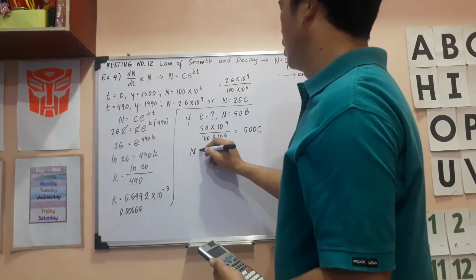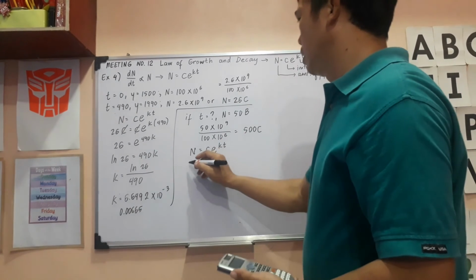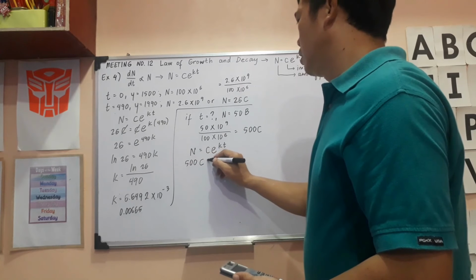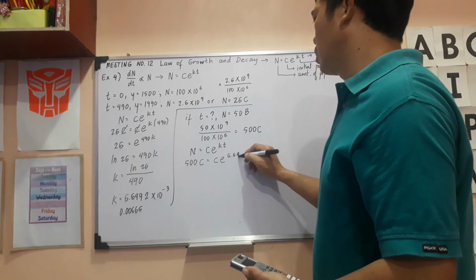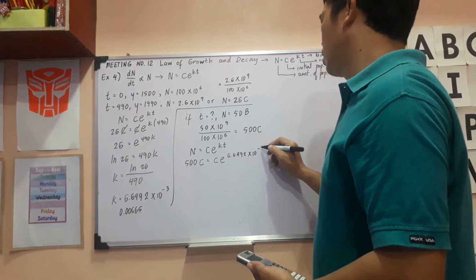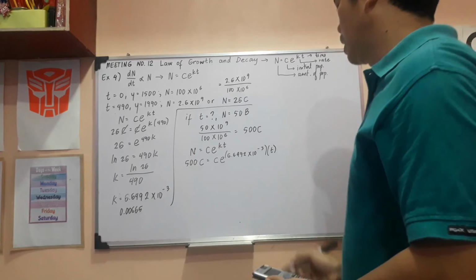So, n is equal to c e raised to kt, working formula. 500c is equal to c e, k is 6.6492 times 10 raised to negative 3. And then the time is asking.